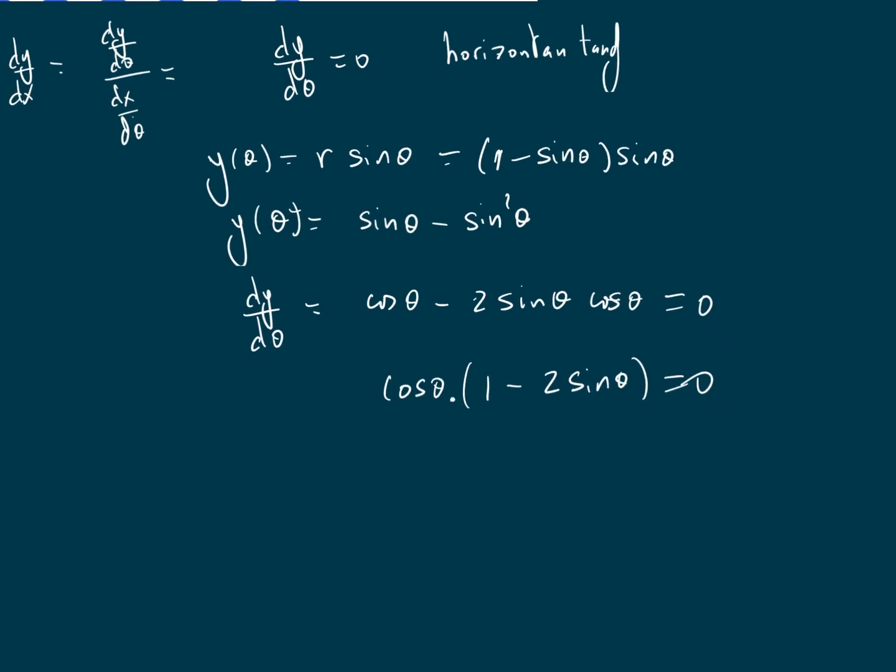This product is 0 when cosine of theta is 0, when theta equals pi divided by 2.